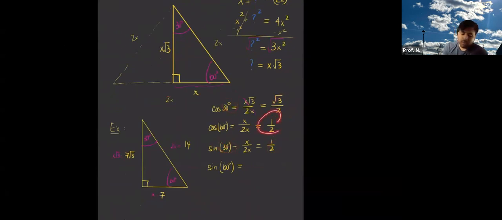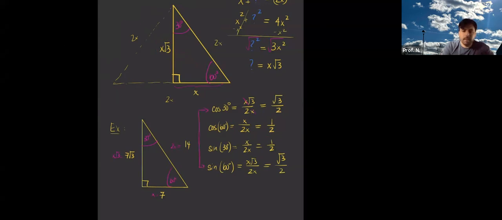Hey, but they repeat though for different angles. So that's interesting, there's a correspondence with those angles as well. Cosine of 60 degrees is 1/2. What's sine of 60 degrees? Go to 60 degrees. What's the opposite side? x rad 3. So I get the same thing as cosine of 30 degrees, and I get rad 3 over 2. So cosine of 30 degrees is actually equal to sine of 60 degrees.